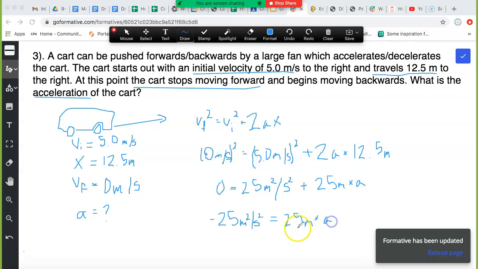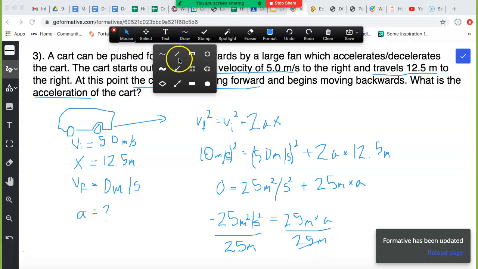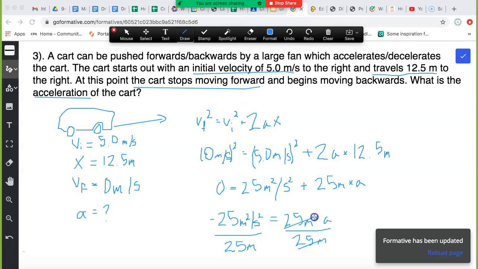We'll divide both sides of this equation by 25 meters. That cancels out, as do the units, and the 25 cancels out the 25 and the square on our meters.